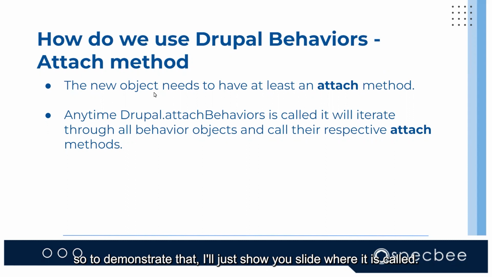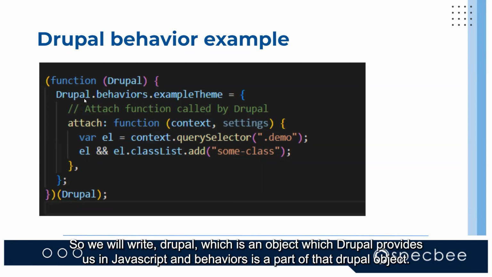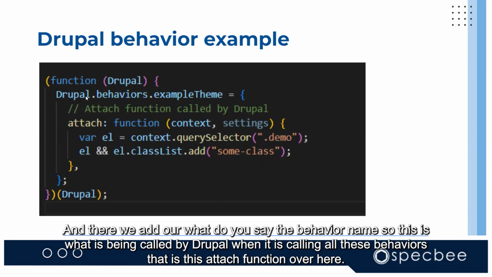To demonstrate that, I'll show you a slide where it is called. So this is our JS file where we have a snippet of code. We write Drupal, which is an object that Drupal provides us in JavaScript, and behaviors is a part of that Drupal object.